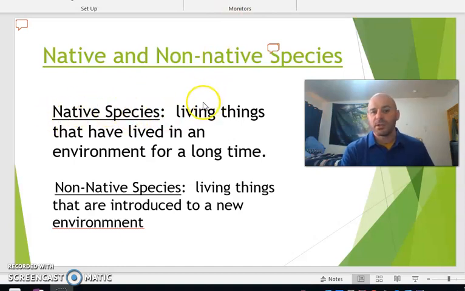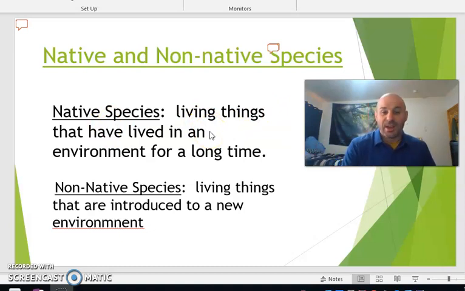So native species are living things that have lived in an environment for a long time. What might help you remember this is just remembering Native Americans. Before any European settlers came to America, the people that lived here originally for a long, long time were Native Americans. So when we say an animal's native habitat, we're talking about the place where they have lived for a very long time.